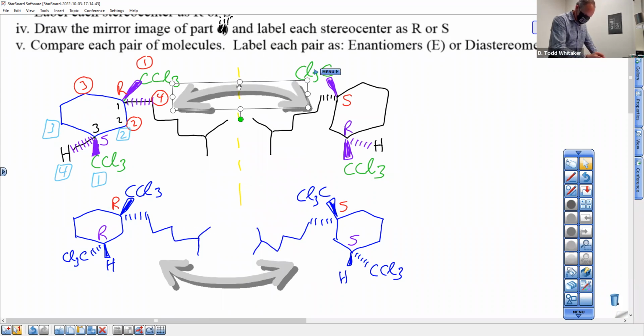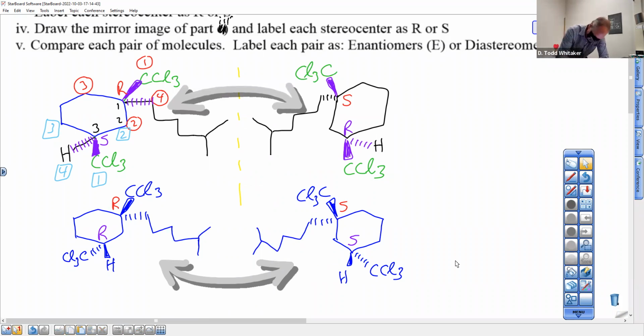They're enantiomers. And we'll write that in normal gray pen. Enantiomer. It says upstairs you're allowed to use the short form E.